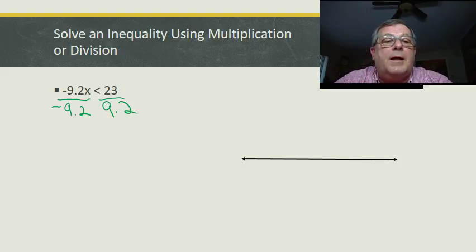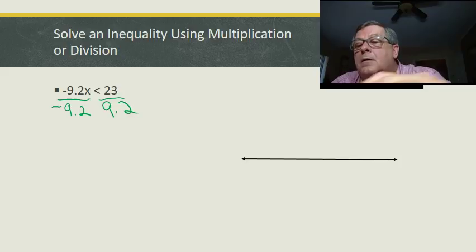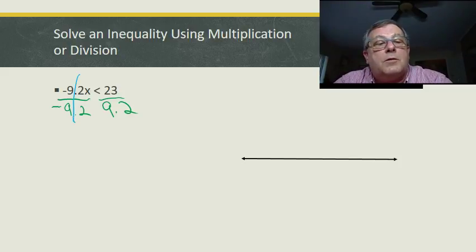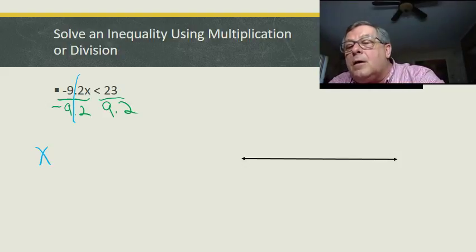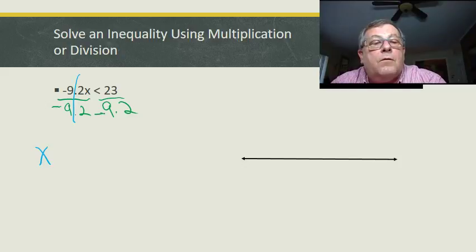Over here on the left of the inequality, my negative 9.2 is going to cancel. I'm going to be left with x. And then I've got 23 divided by negative 9.2. I'm about to make a big mistake right there. See, got to be careful.